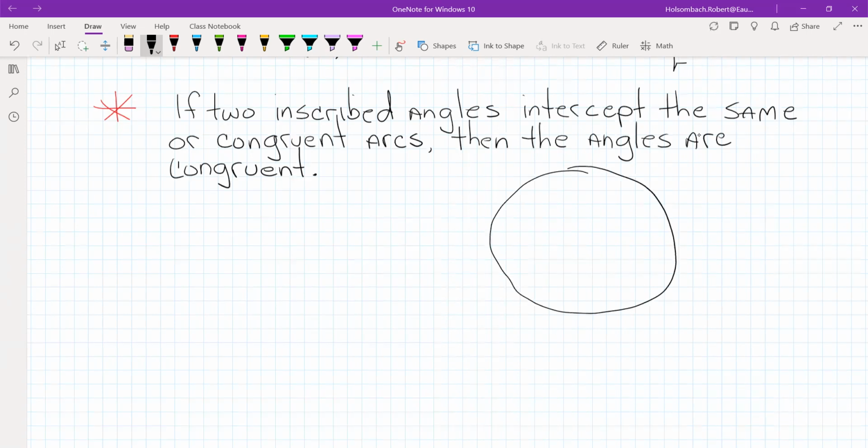So if we've got a circle, and in this circle, we've got an inscribed angle, CDA. That inscribed angle just formed this arc CA, didn't it?